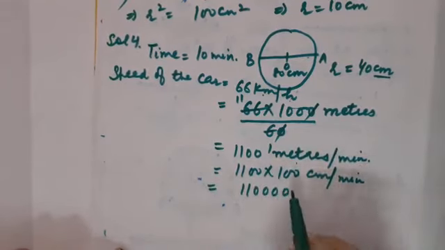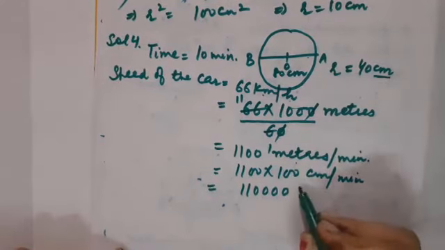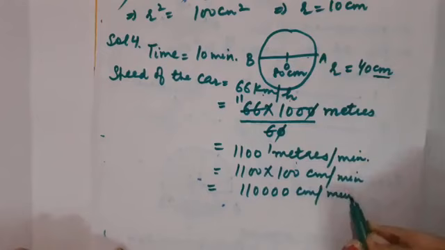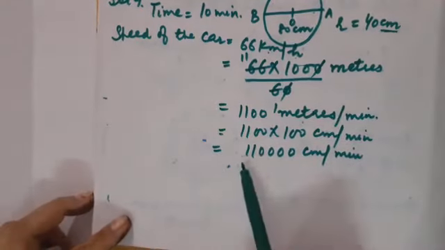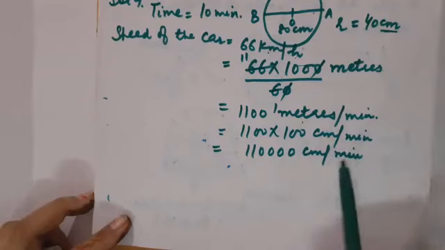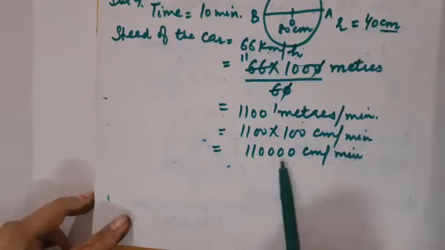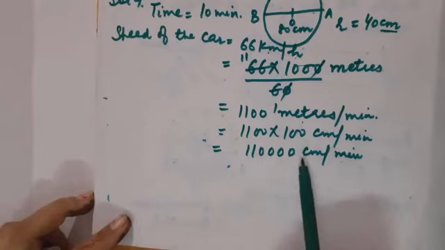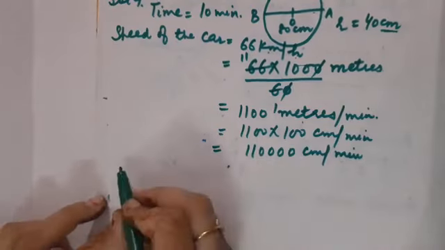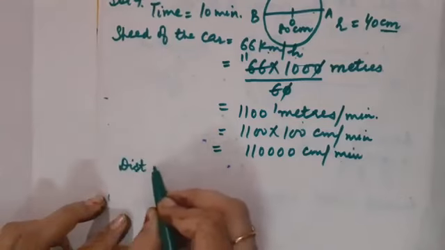So after multiplying, I have got 1,10,000 centimeter per minute. Got it? So children, through this we can come to know that in 1 minute, the total distance which is covered by the car is 1,10,000. Got it? So this is the distance.